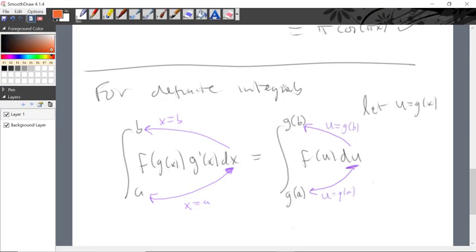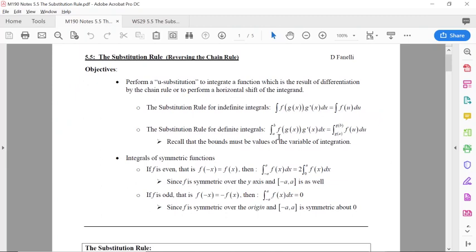So the consequences of this choice: du is going to be g prime of x dx, and the value of u at the top is going to be g of b, and the value of u at the bottom, the lower bound, is going to be g of a. All three of these things are consequences of the choice we make for our u substitution. And that's how we deal with a definite integral.